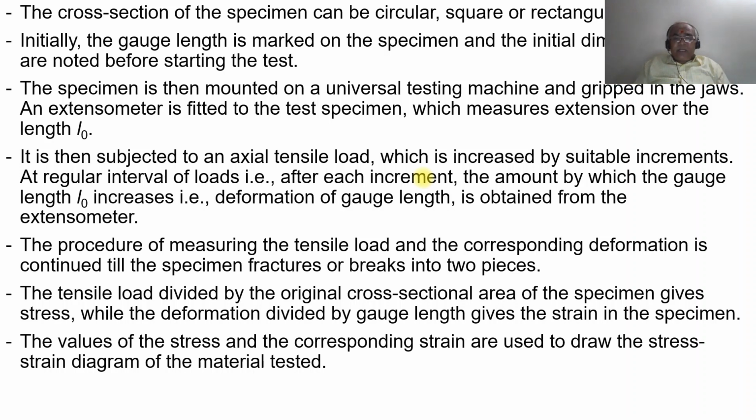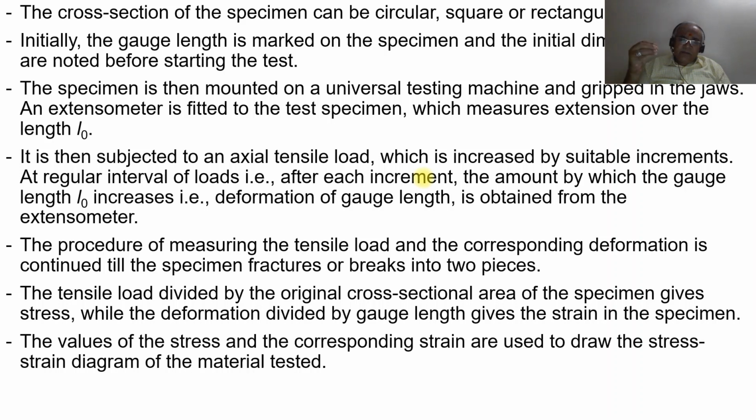The procedure of measuring the tensile load and the corresponding deformation continues until the specimen fractures or breaks into two pieces. As you apply the load gradually, the deformation can be measured using the extensometer.